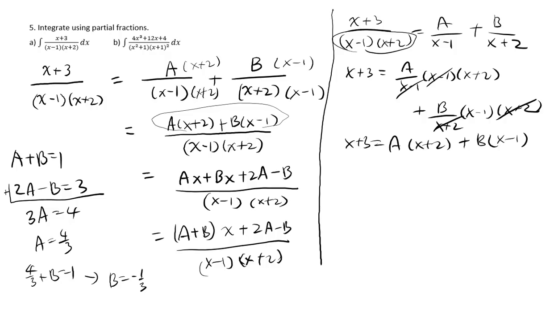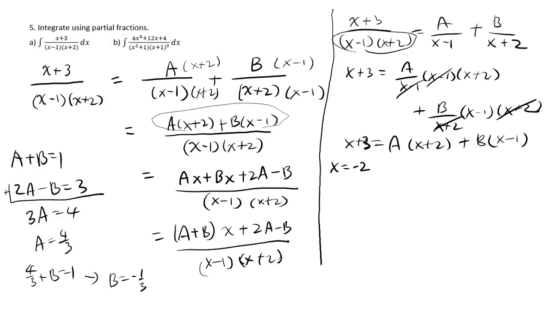And this process can be done almost immediately without having to go through all this. If you train your mind for better mental math, it should be very easy to start from here and come here. Now, since this should be true for all values of x, you can just set x equals negative 2.